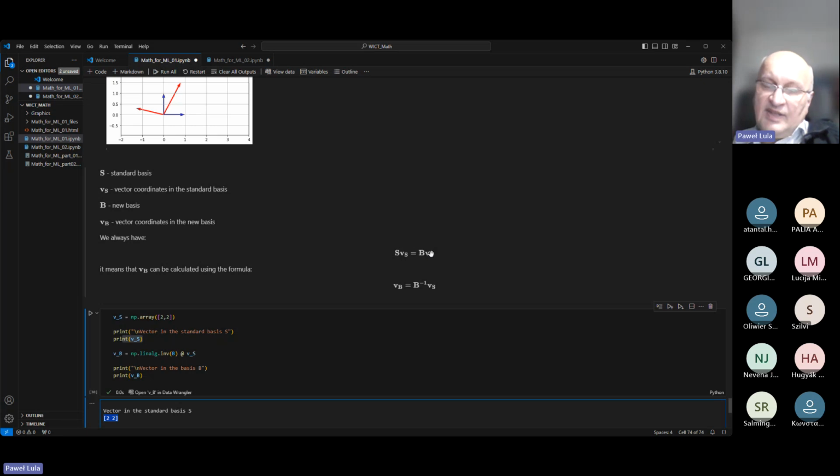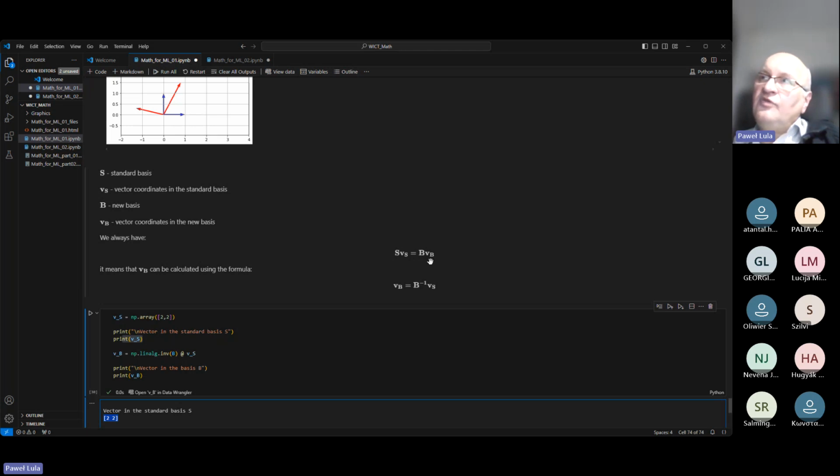On the right side, we have very similar elements. Also a product of two elements, B and VB. B is this new basis, this red one, which is here.